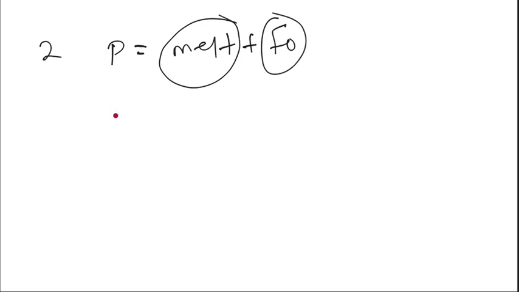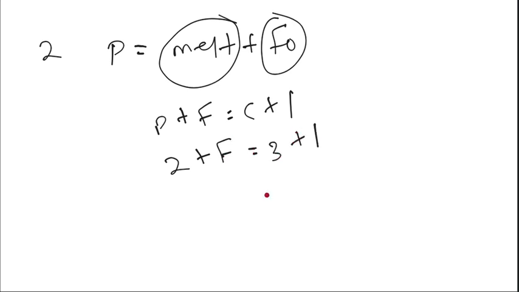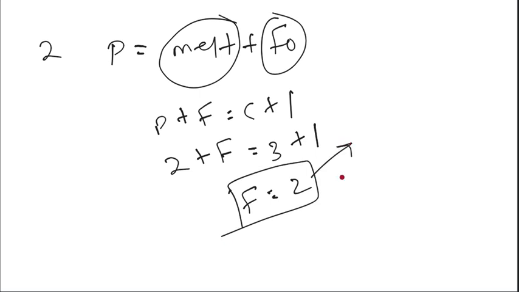Now calculate the degree of freedom for this point. P plus F is equal to C plus 1. P is 2, component is 3 plus 1, so F is equal to 2. Anyone can define this 2? One is always temperature. Temperature is variable.